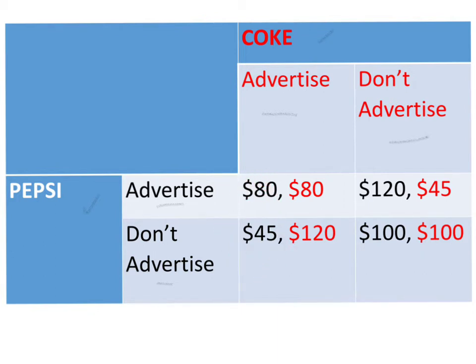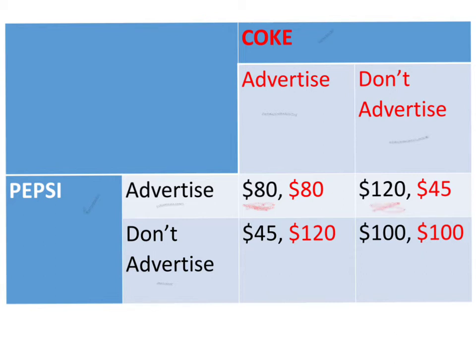What would be better? Of course, the better choice for Pepsi would be to advertise, versus not advertise, as long as Coke advertises. If Coke, of course, decides not to advertise, then the two payoffs that Pepsi would be choosing from would either be to advertise or not advertise. So in this case also, Pepsi would definitely advertise.